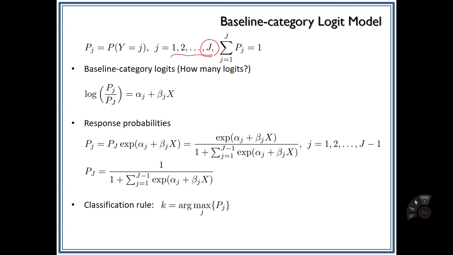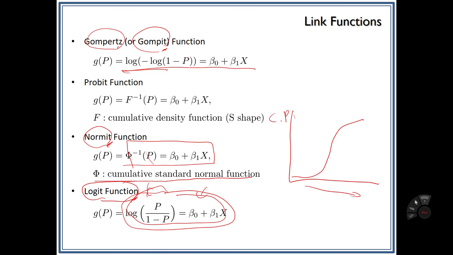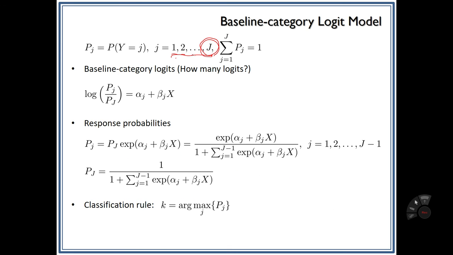Even though I use the numbers 1, 2, up to J, because this is in the context of the nominal case, please notice that these numbers have no meaning in terms of sequential order.